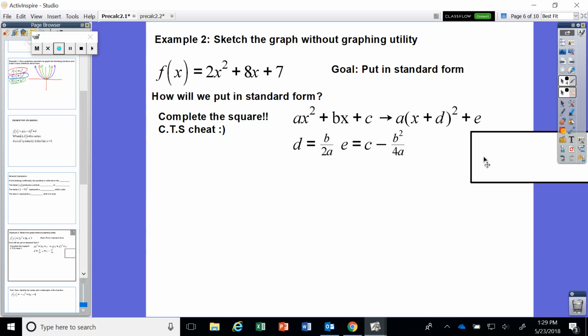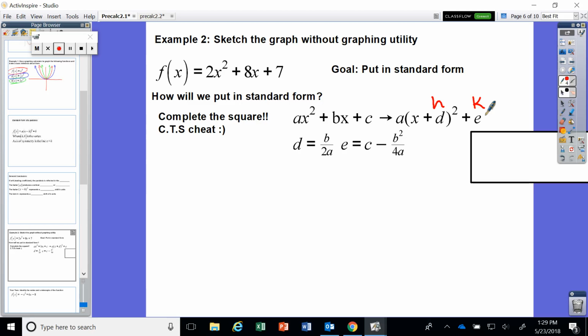So if I'm going from ax squared plus bx plus c to standard form, your d and e, or in this case, h and k, are going to be a simple formula. D will always be b over 2a, and e is always going to be c minus b squared over 4a.